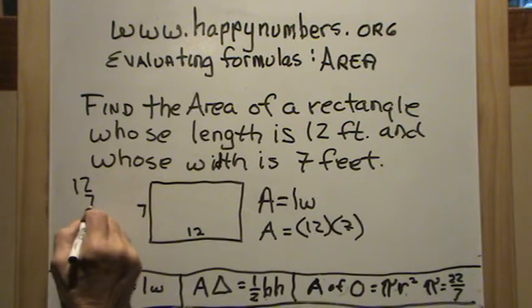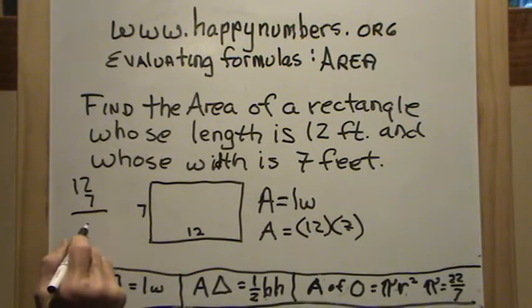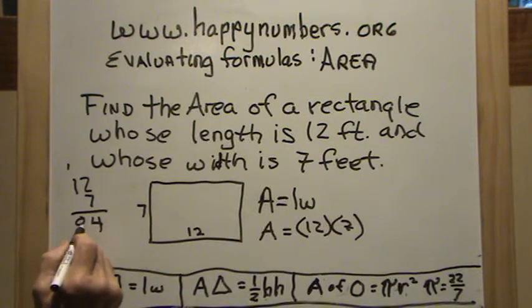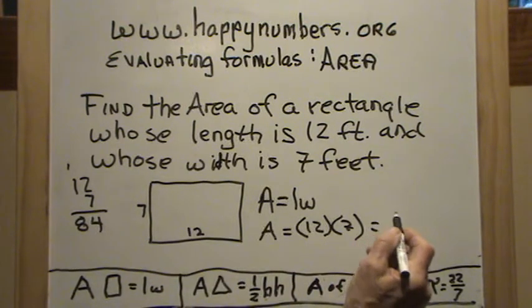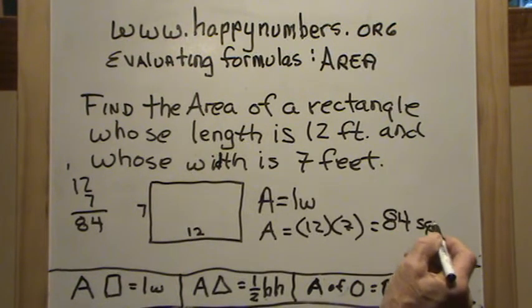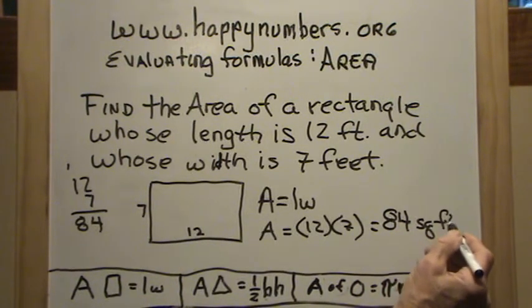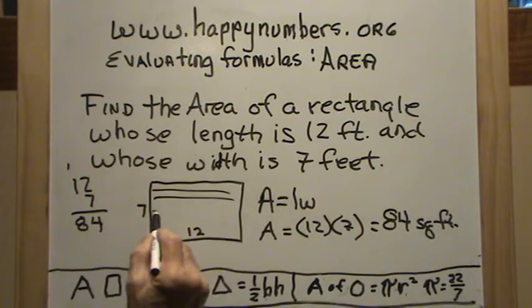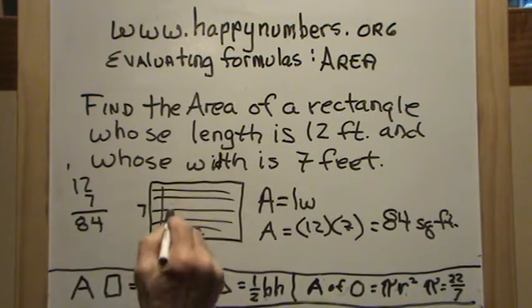12 times 7, 7 times 2 is 14, carry the 1, 7 times 1 is 7 and 1 is 8. So the area is equal to 84 square feet. The reason it's square feet is because it's all of the area inside here.